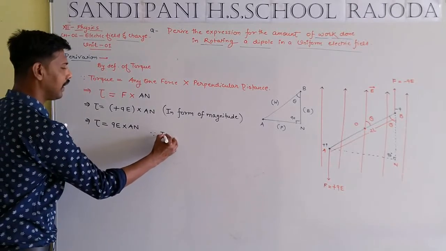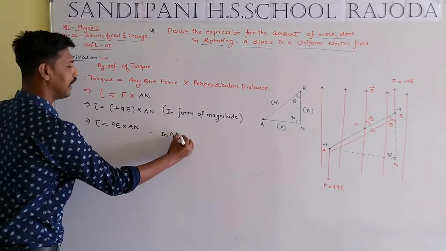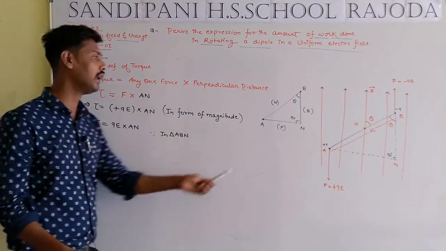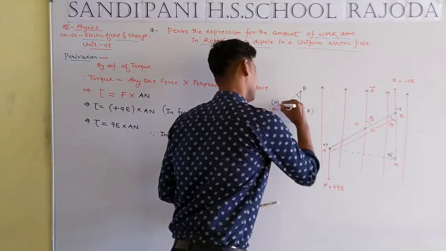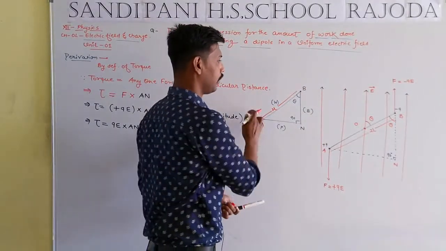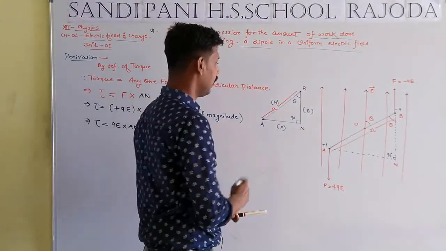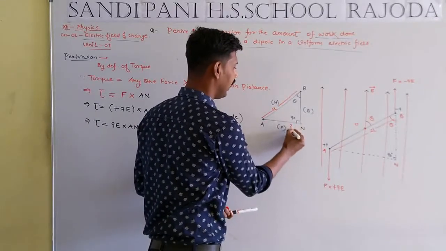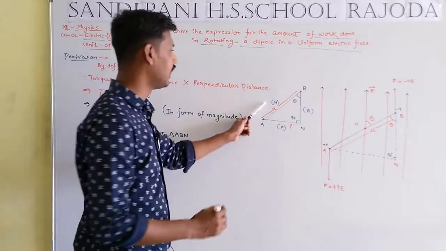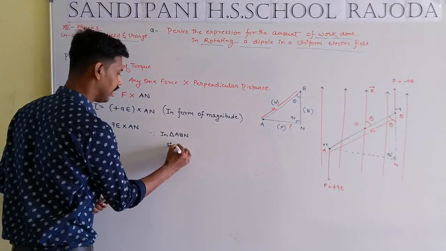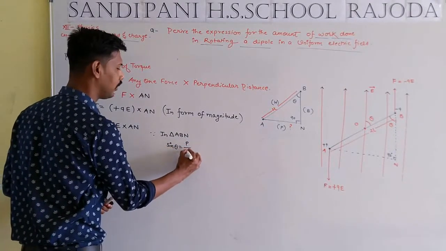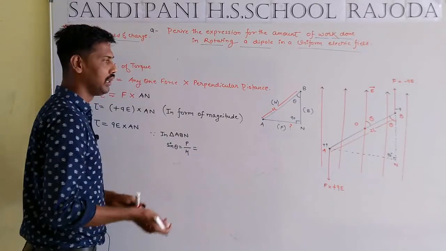Now in triangle ABN, take the hypotenuse as 2L, and we have to find AN. With hypotenuse and perpendicular, we use sin theta. Sin theta is equal to perpendicular upon hypotenuse.